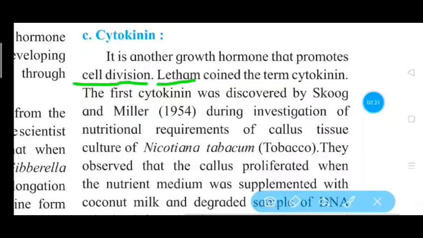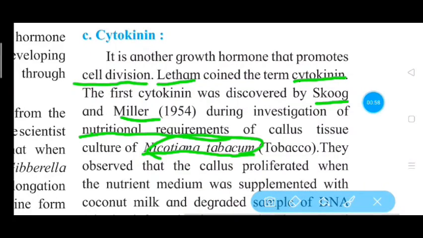Latham is the scientist who first gave the name cytokinin to this hormone, and it was first discovered by Skoog and Miller during the investigation of the nutritional requirement of callus tissue culture of Nicotiana tabacum. When they tried to grow this callus, they wanted to find out the nutritional requirement.